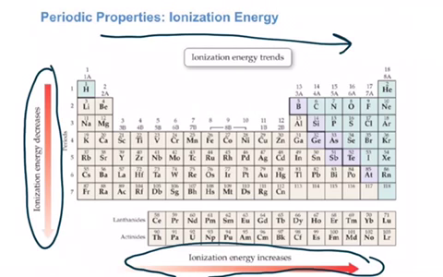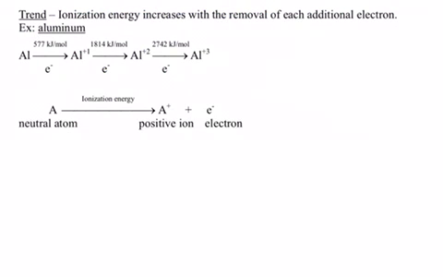So let's go back for a minute, and we're going to use aluminum as an example. What I'm going to show you now is that you are not limited to only removing one electron. Aluminum has 3 valence electrons, and I'm going to show you how to remove each one. So we'll start with aluminum as a regular atom.